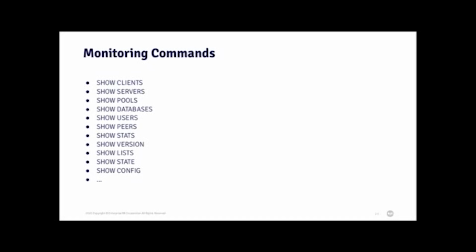When I show these commands, there is no way to execute some joins here. Sometimes you need to compare the clients and servers to see which client is connecting to which backend, and sometimes it's hard. So people generally use PgBouncer FDW to handle this case. Maybe we can create additional commands here to provide the join.